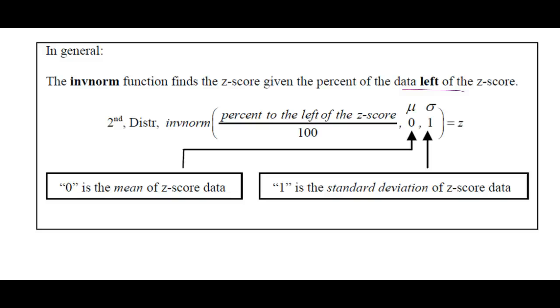So you take the percent to the left, divide it by 100 because it has to be a decimal. That's the input. You go 0 and 1, or not, right? Like you don't need them; it'll default to 0 and 1, and you'll get your inverse norm. Okay. I think we're done.